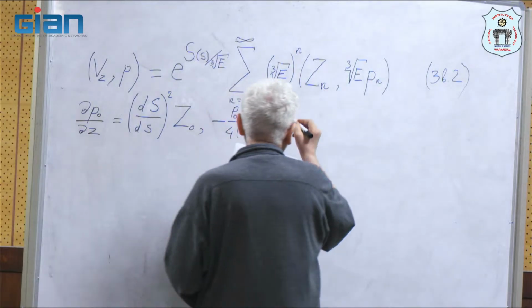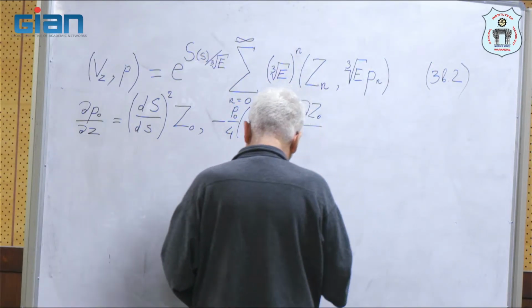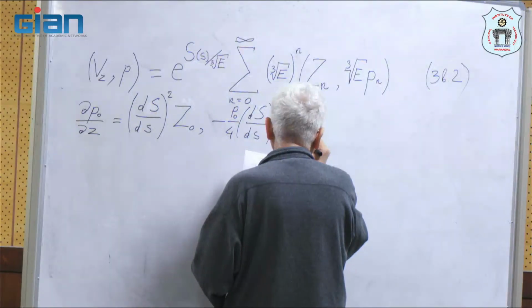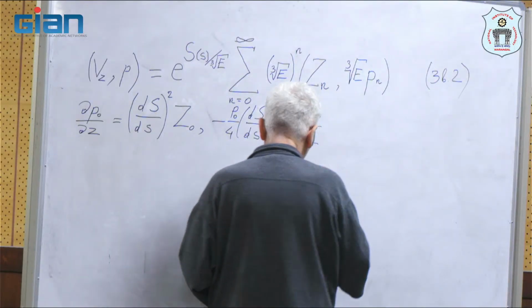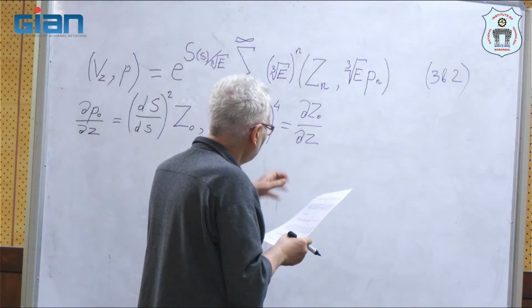And this is simply equal to dz0 over dz. And we can get further simplification just from these two equations.